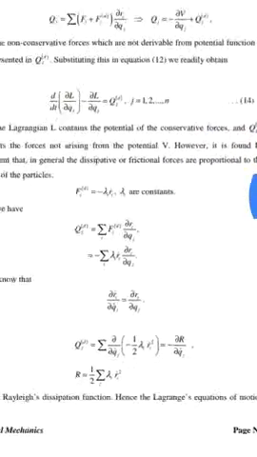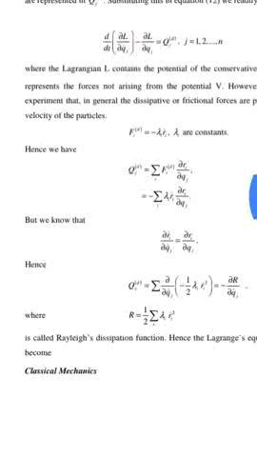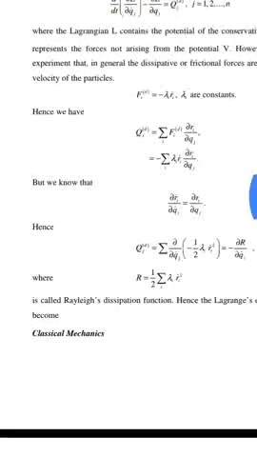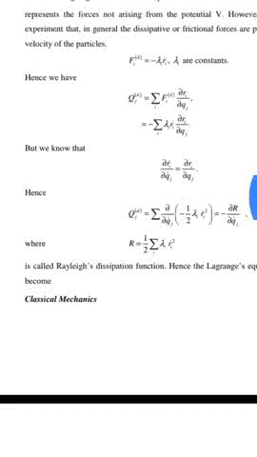However, it is found by experiment that in general Fi d is equal to minus lambda Ri dot, where lambda is a constant. Hence we have Qj of d is equal to the sum of Fi d times del Ri by del Qj, which is minus lambda Ri dot del Ri by del Qj.